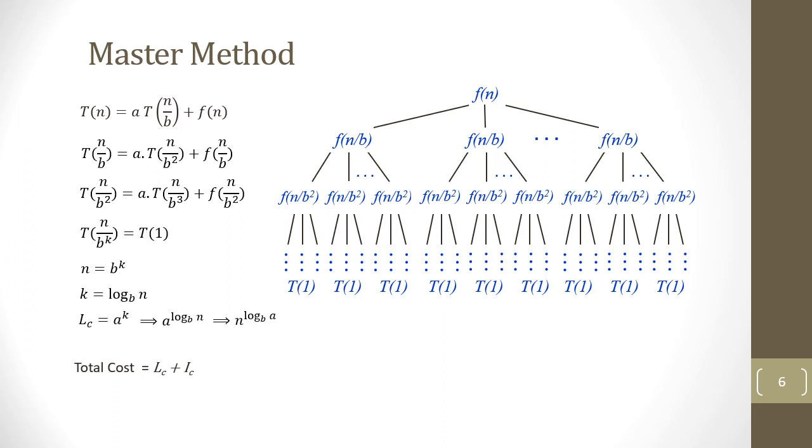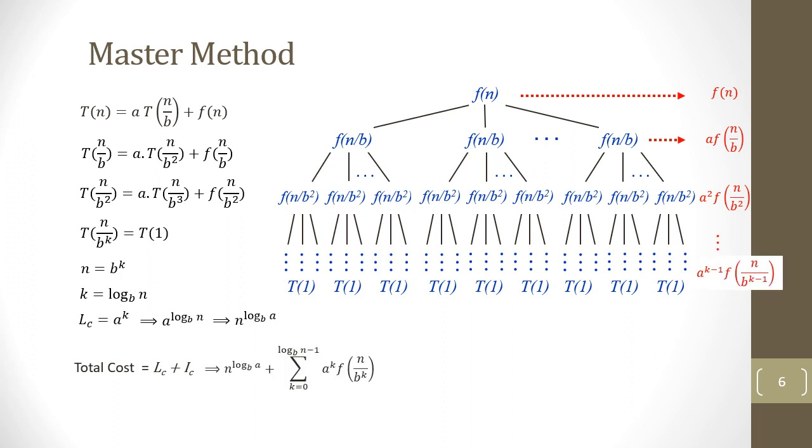Now we will find the interior node cost. At the root level, the cost is f(n). At the first level, the cost will be a f(n/b). At the second level, the cost will be a^2 f(n/b^2), and so on until the k minus 1 level.